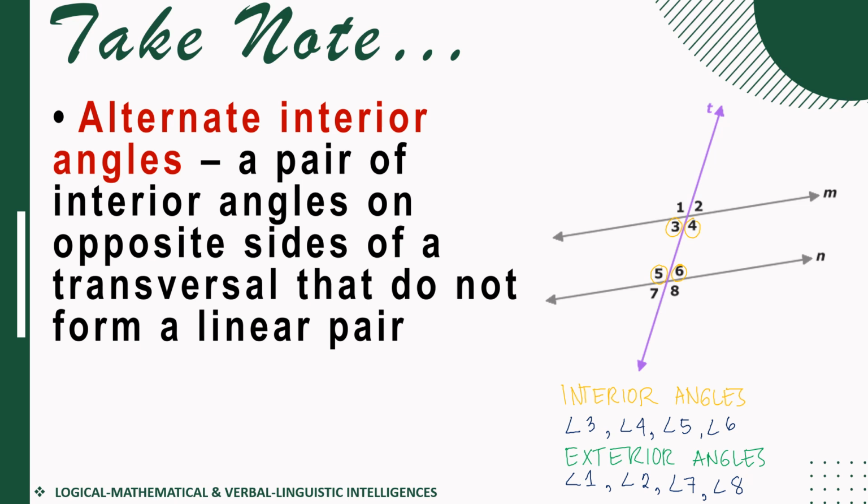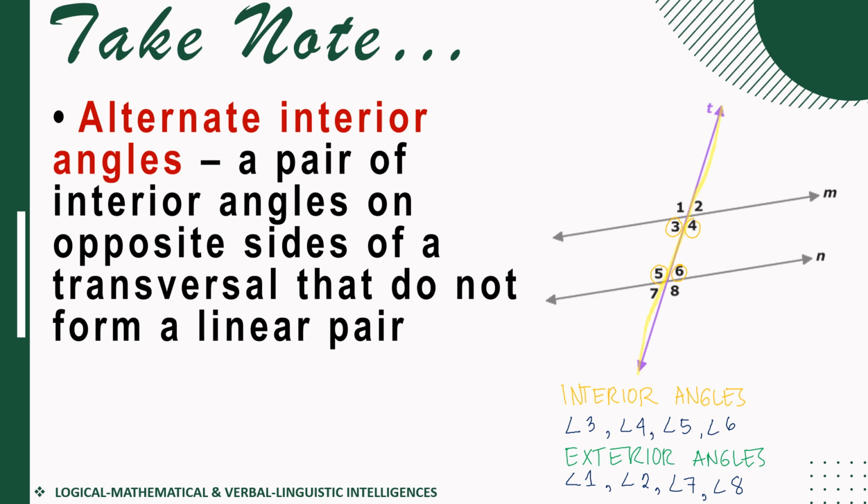So if line T is our transversal line, the interior angles that we're going to get would be those angles located on opposite sides of the transversal. The other one should be at the left side of the transversal, and the other one should be at the right side of the transversal.